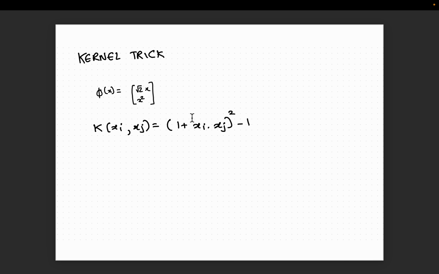Okay, so can you expand out 1 plus xi dot xj minus 1? If you do this, how many are able to derive that this will indeed project to the phi of x which I've written? Okay, so about 5 to 10 people.